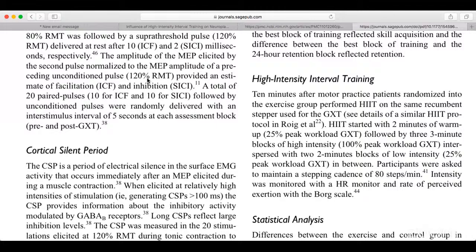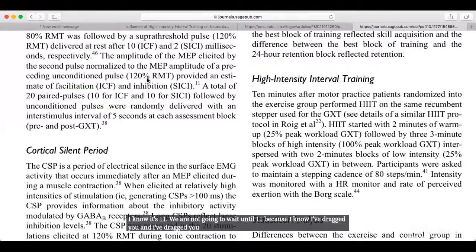Okay, good. So now, can we do this? This process that we went through, can you practice it? I know it's 11. We are not going to wait until 11 because I know I've dragged you, and this is not something that we should sustain for long.